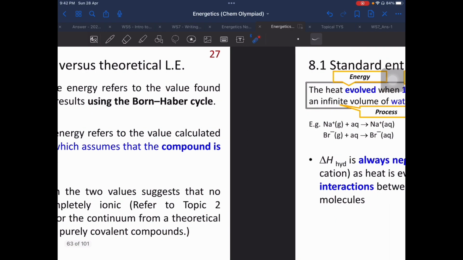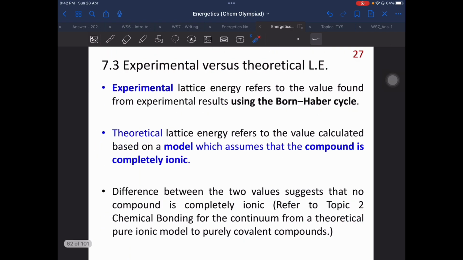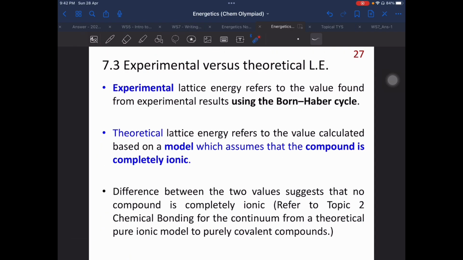That is usually because the chemical is not a pure ionic compound. When you look at theoretical lattice energy, we are assuming that the compound is completely ionic. But you will grow to realize that not all ionic compounds are 100% ionic.